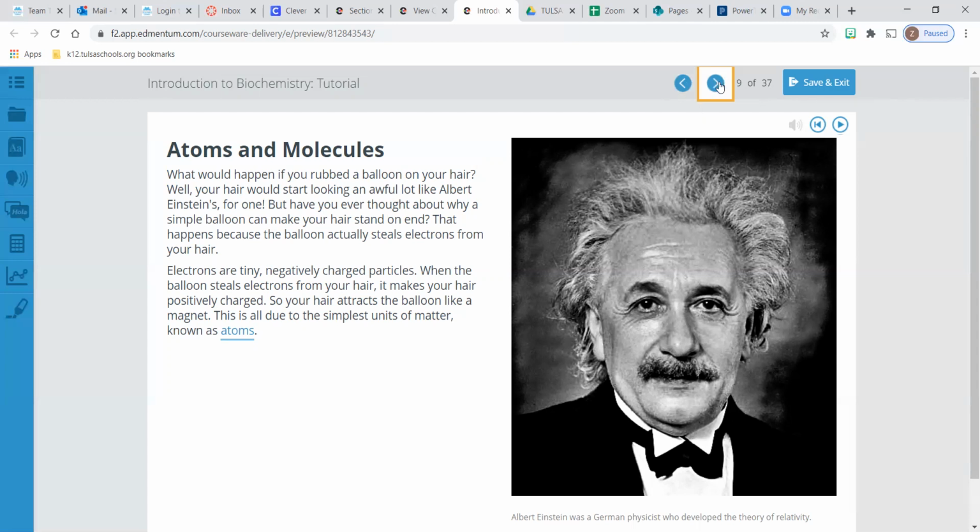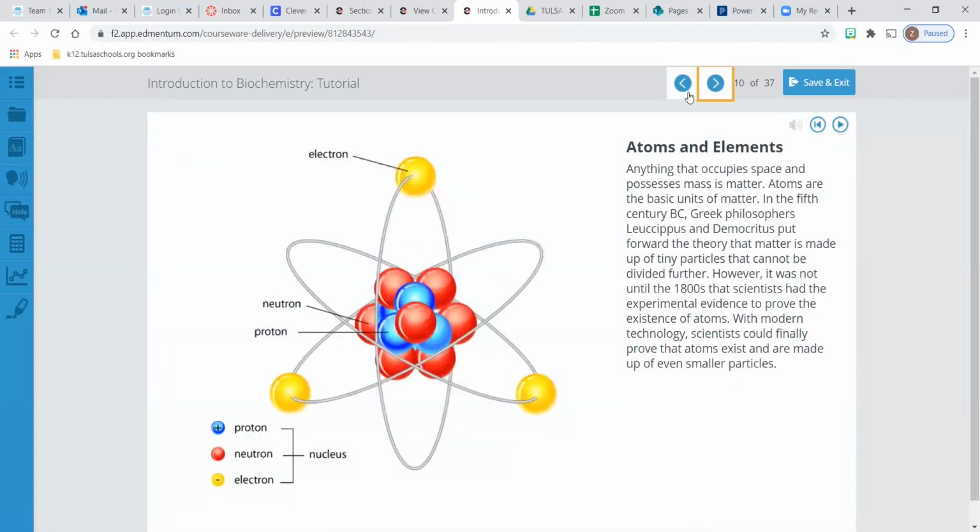And this is all due to the simplest unit of matter, known as atoms.